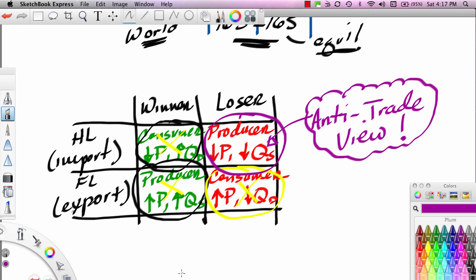Now, in part 2 of our series here, we'll show that the winners actually win more than the losers lose, and so international trade is actually better for both parties. So both Hillland and Flatland will win by specializing and trading along the lines that we've talked about.